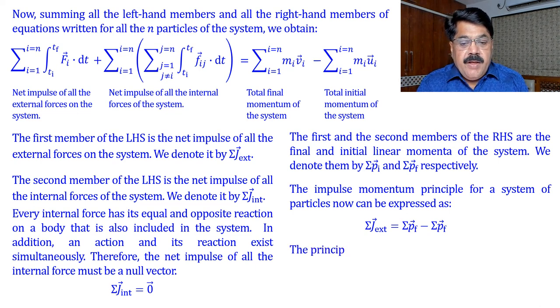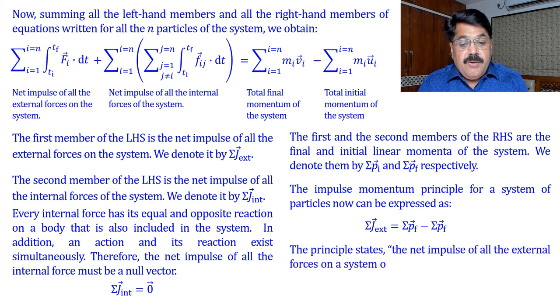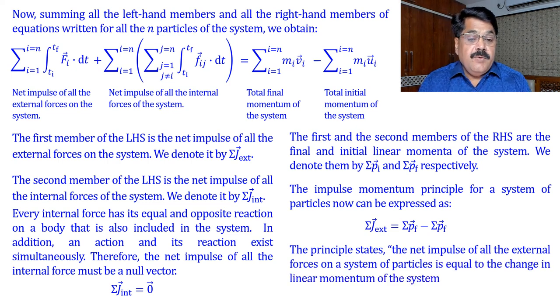So the principle states the net impulse of all the external forces on a system of particles is equal to the change in linear momentum of the system. That's a very simple idea. I'll say again: the impulse momentum principle for a system of particles is that net impulse of all the external forces on the system is equal to the change in momentum of the system.